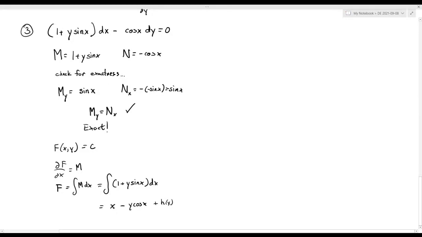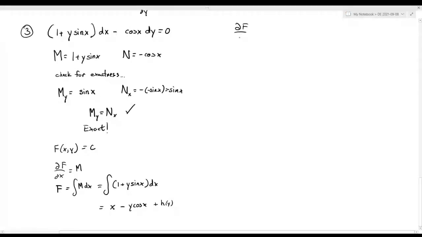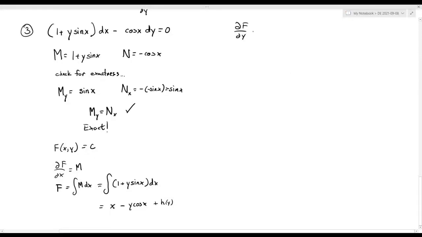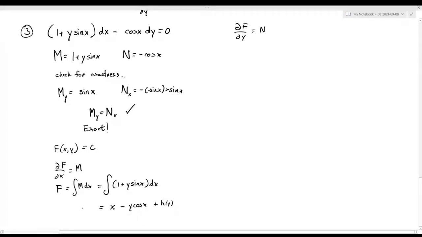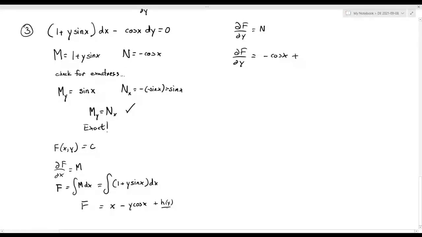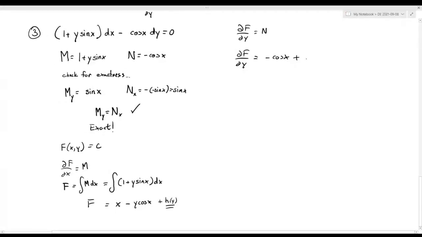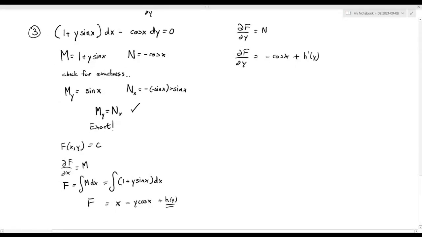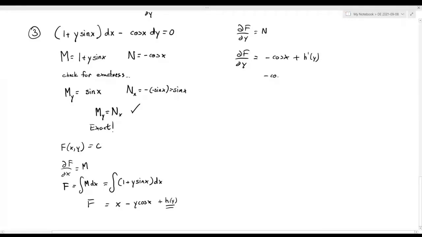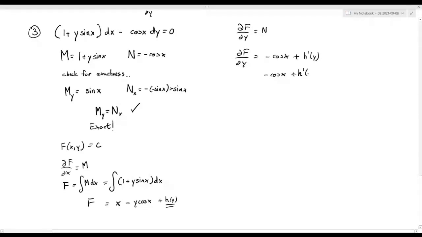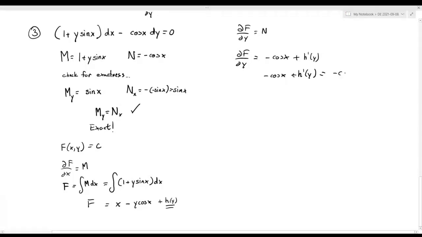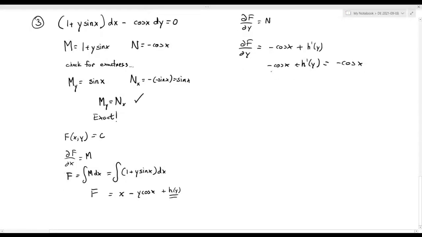of the other variable. And then we take advantage of the fact that the derivative of big F with respect to y is what we call the N. So we differentiate big F with respect to y. And notice that the h is a function of y, so that's just h prime. We can set that equal to N. N is the negative cosine. And again, all the functions of x should go out.